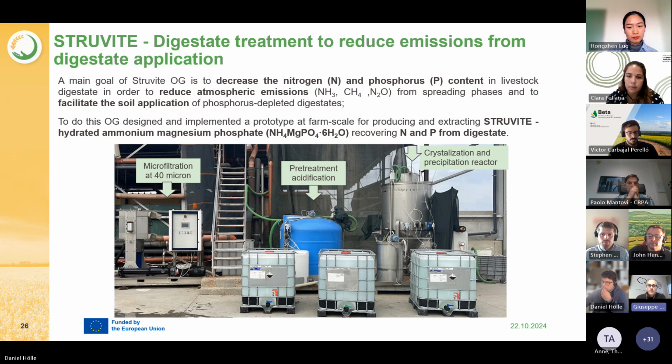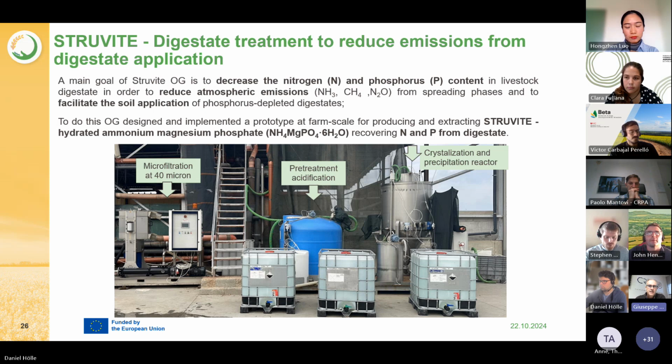This clarified fraction is first slightly acidified to mineralize a share of organic phosphorus into orthophosphoric mineral form, and also to reduce ammonia emissions, by acidification in this pre-treatment tank. This acidified digestate is then microfiltered at 40 microns with this equipment on the left side, and then loaded into the struvite reactor.